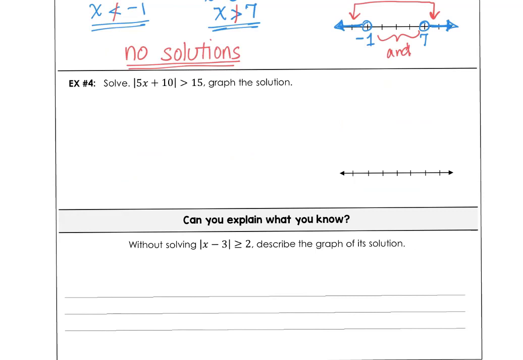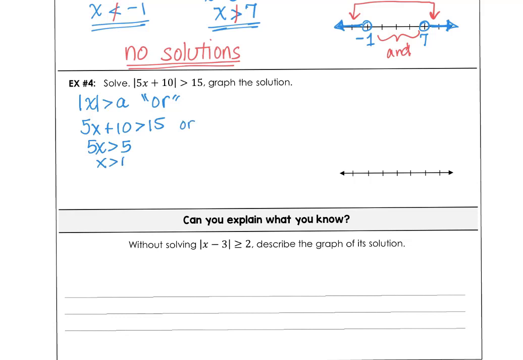So lastly, in example 4, do you see the difference in this example? We have the absolute value of x is greater than a number. This is an OR statement. So solving for 5x plus 10 is greater than 15. 5x is greater than 5. X is greater than 1.